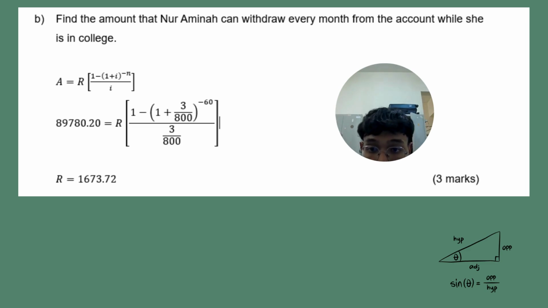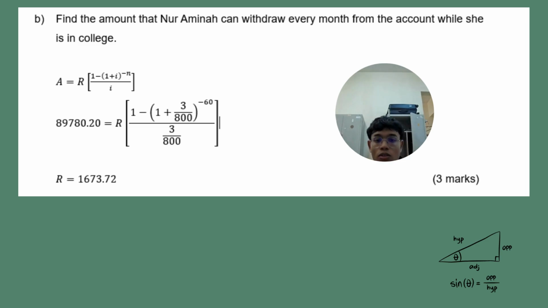So 89,780 ringgit and 20 cents equal to open bracket 1 minus open bracket 1 plus 3 over 800 power of negative 60 over 3 over 800 and close bracket. So we will get 1,673 ringgit and 72 cents. So that's the answer for part B.